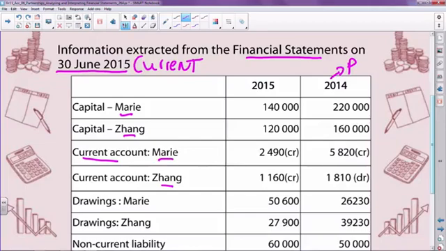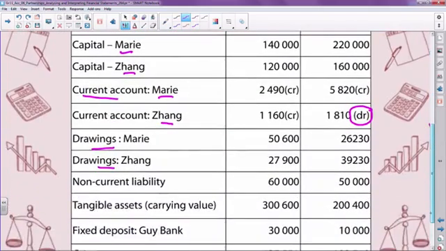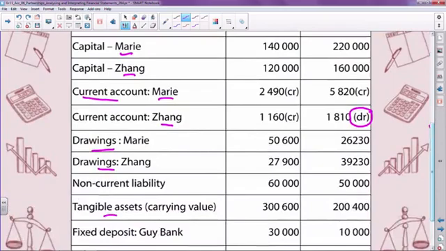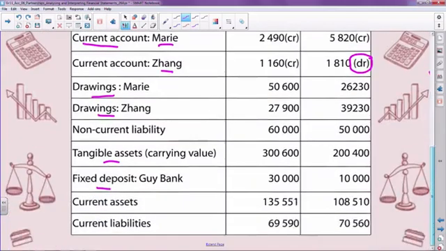Bear in mind, Zhang has a debit balance in 2014. Then we've got drawings given to us. Also, non-current liability, your current assets at carrying value, a fixed deposit as well, and then further down, current assets and current liabilities.